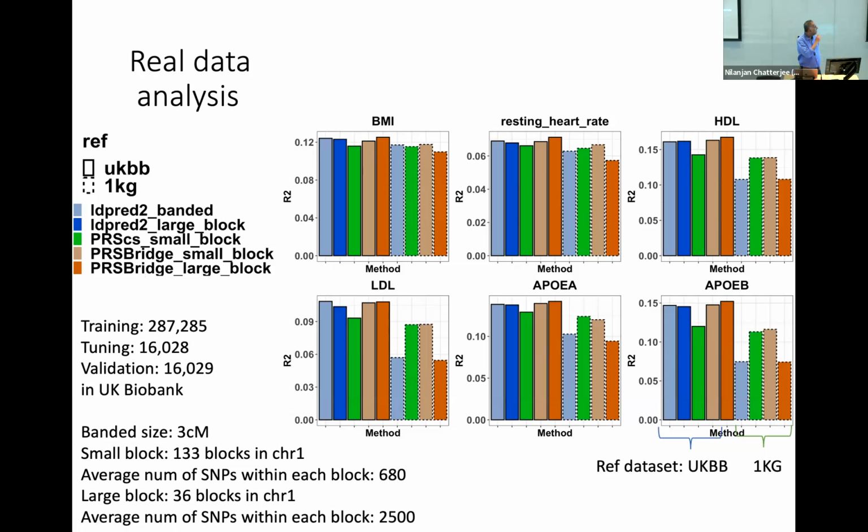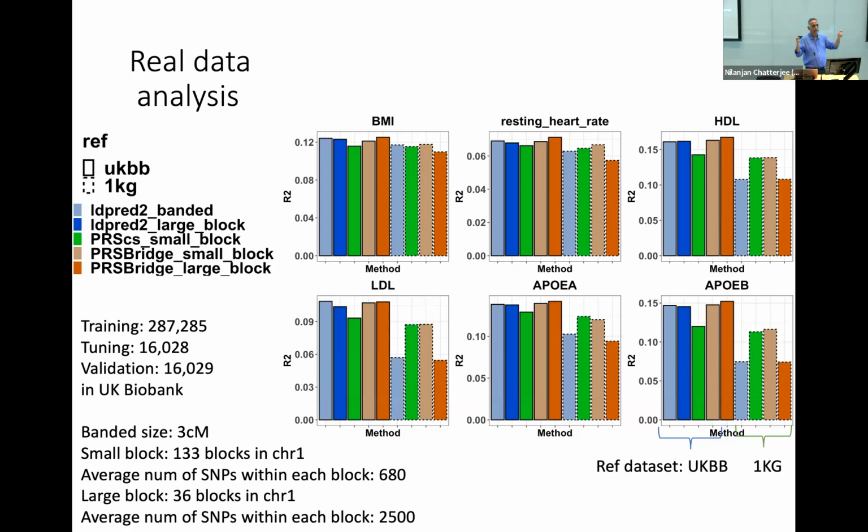But within LDpred, there are a lot of details. In all of these methods, you have to find a way to estimate the correlation in the SNPs, or the LD. But LD can be a huge matrix, right? Because you're talking about millions of SNPs. If you want to estimate a million by million matrix, it's impossible. It gets very noisy. So you have to make reasonable assumptions about sparsity of that matrix. You can assume that the matrix is blocked or banded, right?